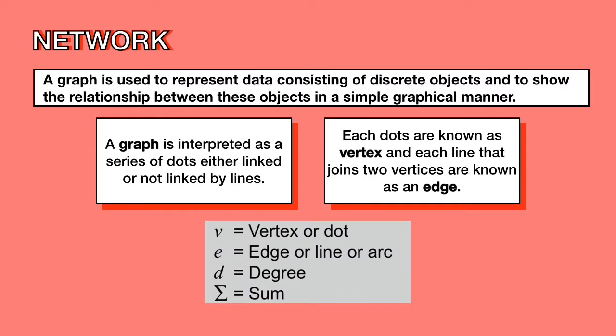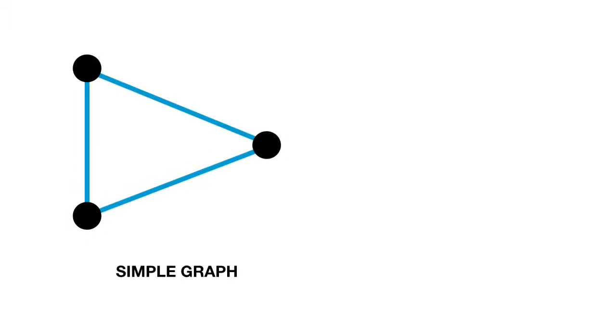Here are some of the symbols that we will be using or found in this topic. V for vertex or dot, E for edge or line or arc, D for degree, and the symbol for sum. This is a simple graph.